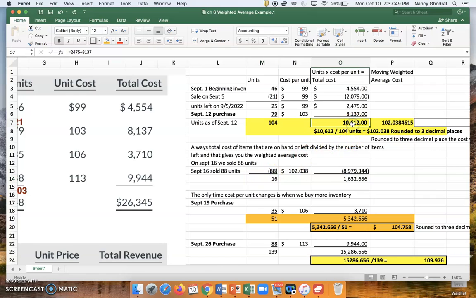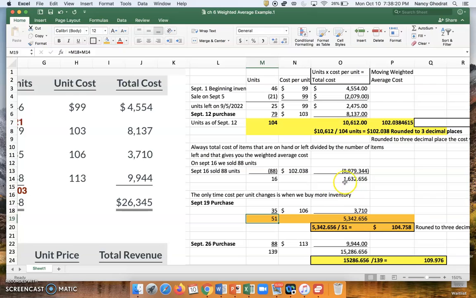The cost used to be $10,612. Now we sold a total cost of $8,979.344, and so the total cost of the 16 units is $1,632.656. On September 19, we purchased 35 units, so 16 plus 35, now we have 51 units.